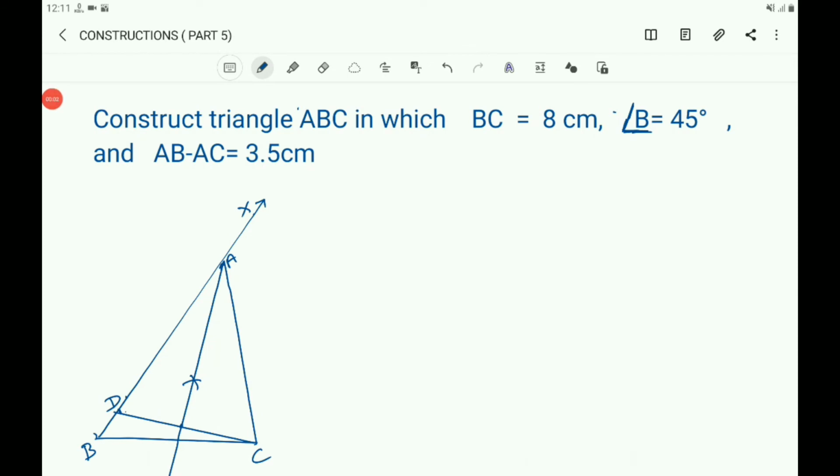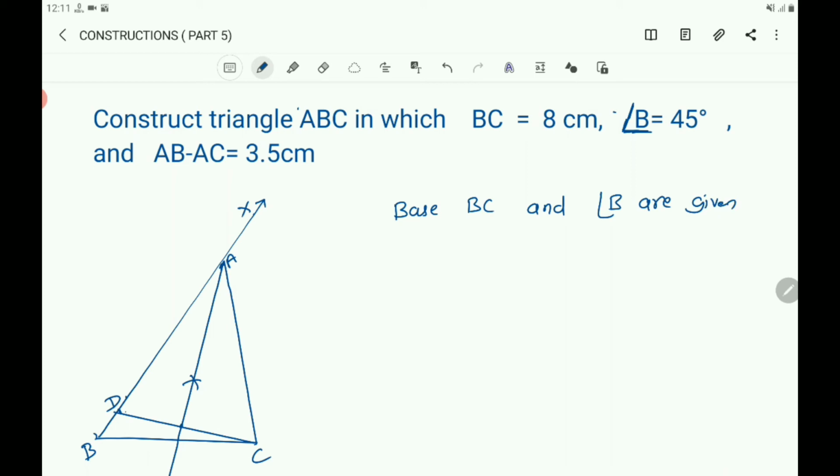Now the justification. Let us now see how we obtained the required triangle ABC. Here base BC and base angle B are given.